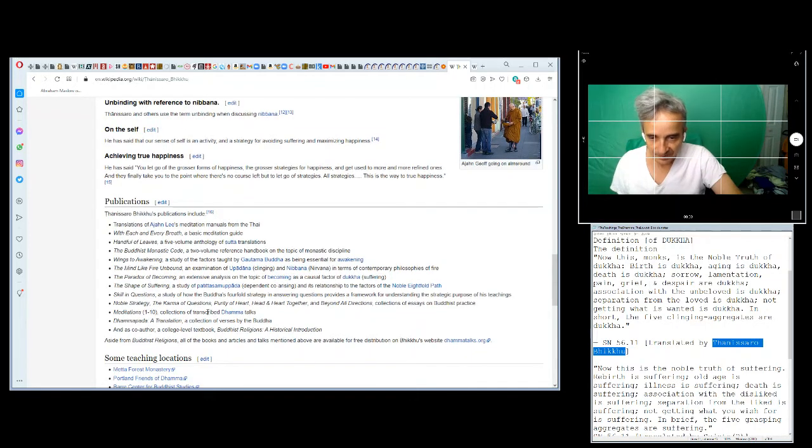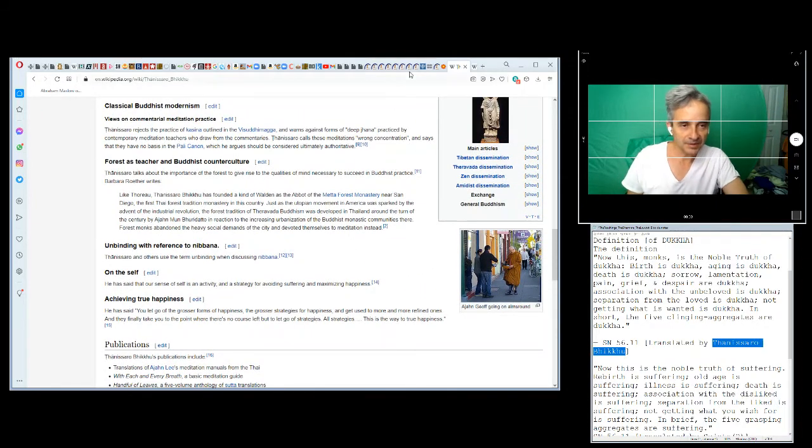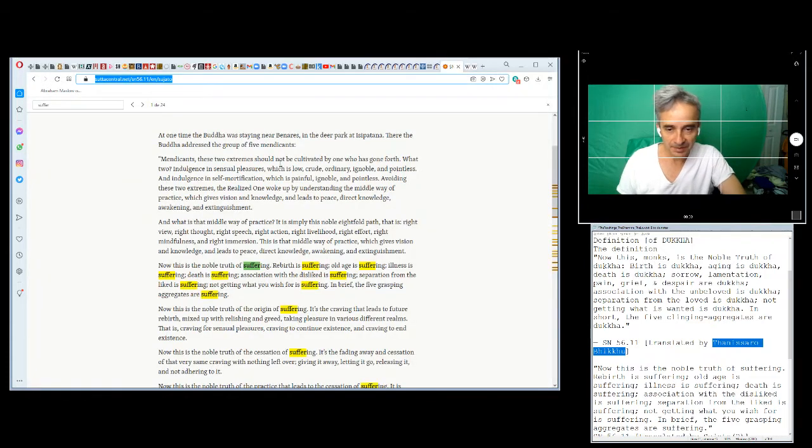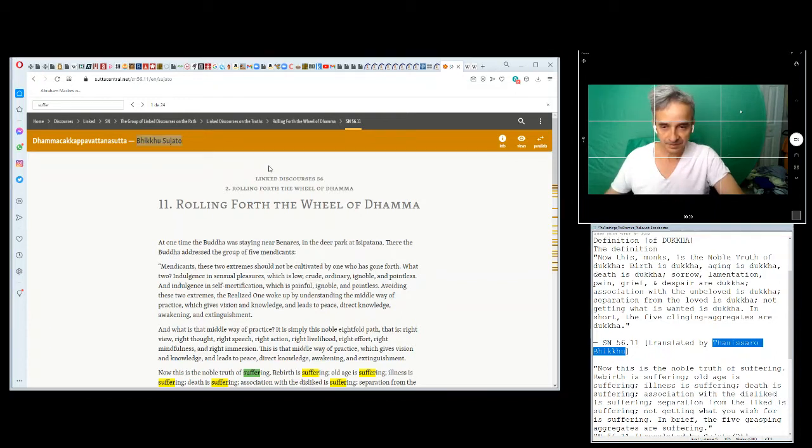I'm looking at the same verse that is supposed to be the definition of suffering or dukkha. There are two different ways of interpreting a verse somewhere around Samyutta Nikaya 56.11.